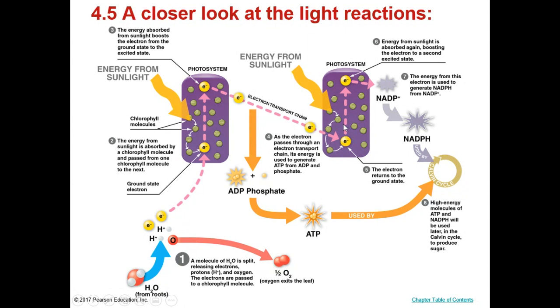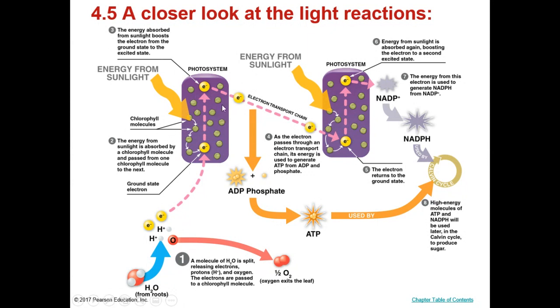Photosystems in plant cells are made up of these structures that contain chlorophyll clusters. Those are photosystems right there. They shuttle electrons, transferring them from one to the next, in the process powering these systems.